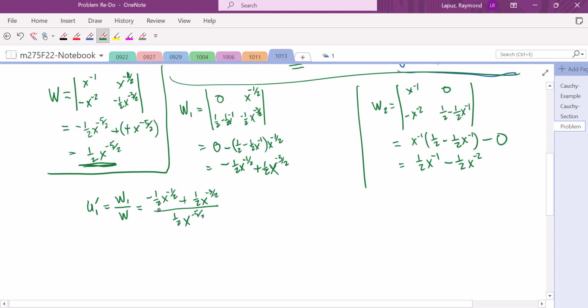So I can cancel the 1/2s out, and I will have a negative here. The 1/2s cancel, and then I have x to the negative 1/2 minus negative 5/2. So I'm essentially saying negative 1/2 plus 5/2. So that would be positive 4/2, or just 2. It'll be just x squared.